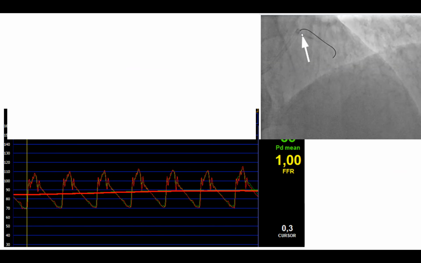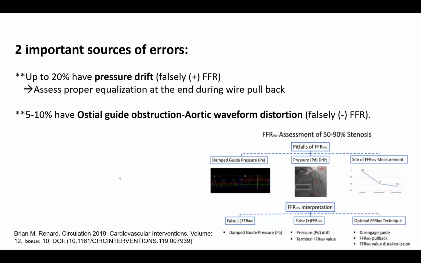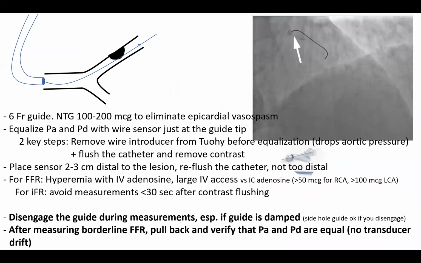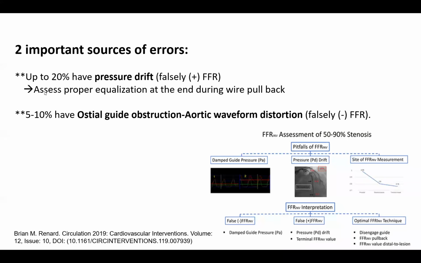When you put your pressure sensor at the tip of the guide, you have to make sure that the PD and PA are perfectly well superimposed. Neither one of them is damped. So those are the two important sources of error when you're measuring FFR and iFR. One is a pressure drift, and that's why you need to assess proper equalization at the end by pulling the wire back and verifying that PD and PA are still equal.